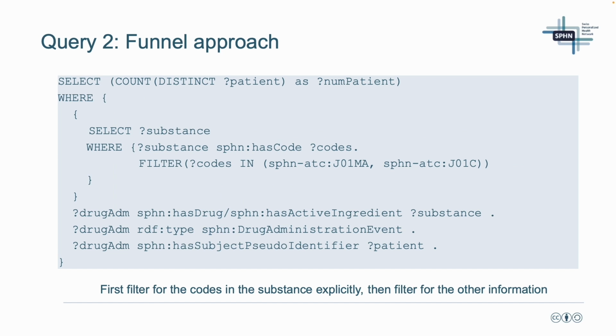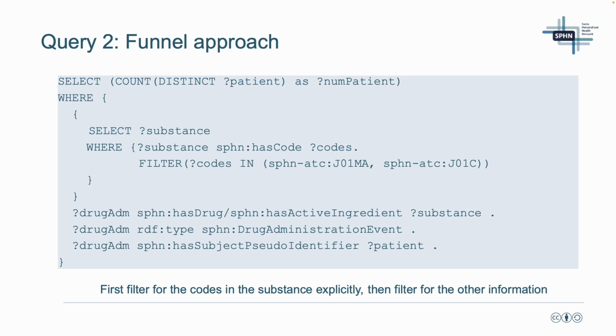In the second query, we applied this funnel approach we presented before, where we would like to basically eliminate as much as possible of triples or data elements that are not of interest for us.